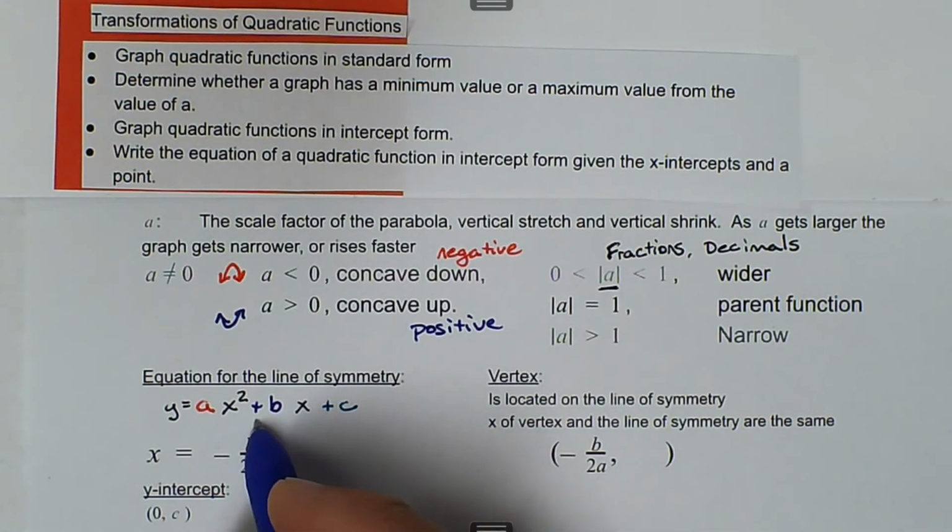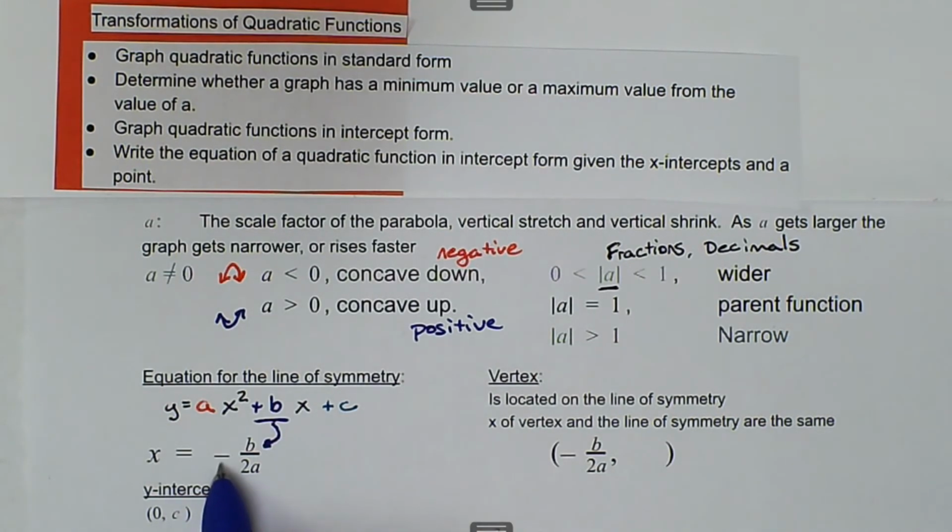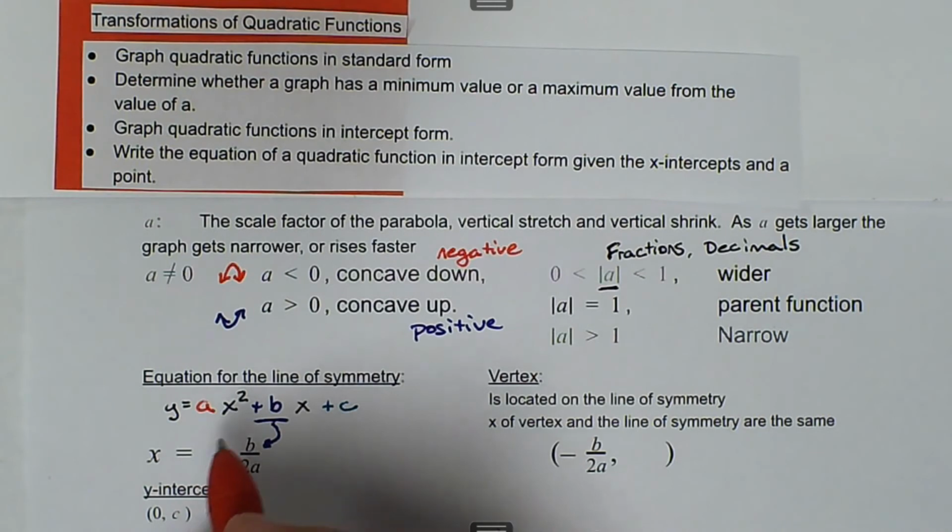The big thing that we mess up is there's already a negative in the equation. So we have to make sure if b is negative, we do negative minus b, which ends up being positive. So we take whatever the linear term is, the coefficient in front of the x, we put it in the numerator.